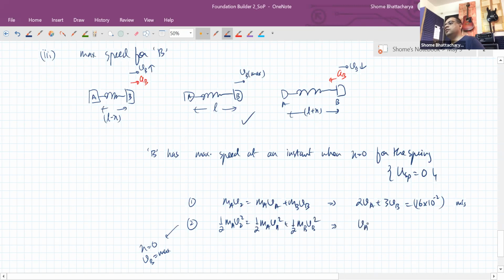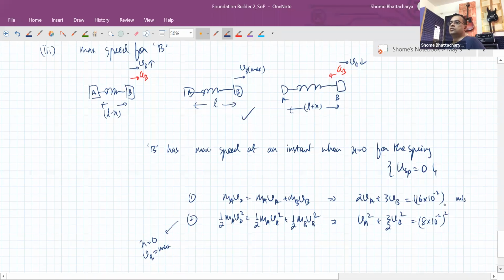So we'll have VA square plus 3 by 2 VB square is equal to this kind of equation.